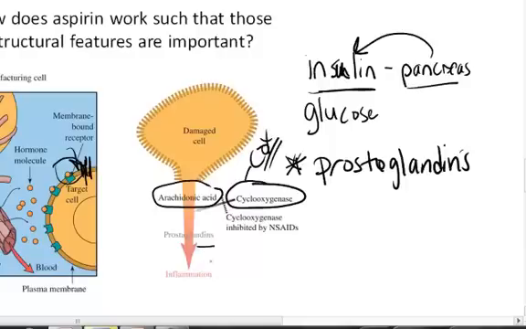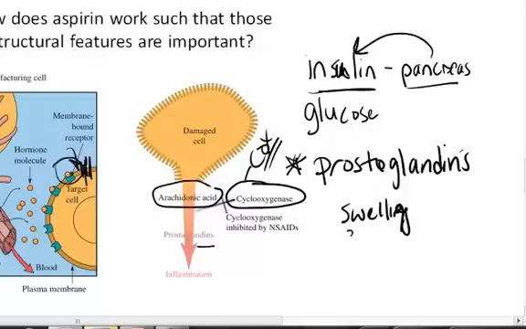But one of the jobs of one type of prostaglandin is upon its formation, it signals other biochemical changes around the damaged cell to retain water, which causes swelling. This is trying to kind of partition off the damaged area. That would happen like if you have an infection, or if you've broken your arm or sprained your ankle or whatever. So you can have swelling.